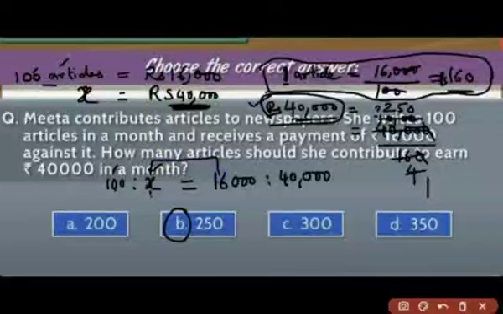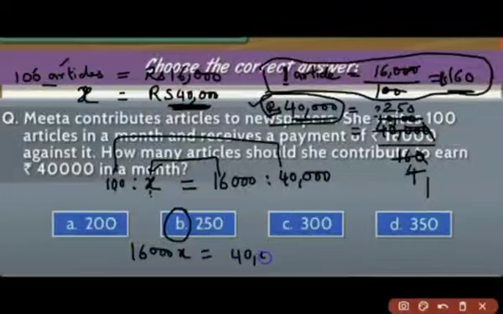Alright, so product of means and product of extremes: 16,000 X is equal to 40,000 into 100. So X will be equal to 40,000 into 100 divided by 16,000.